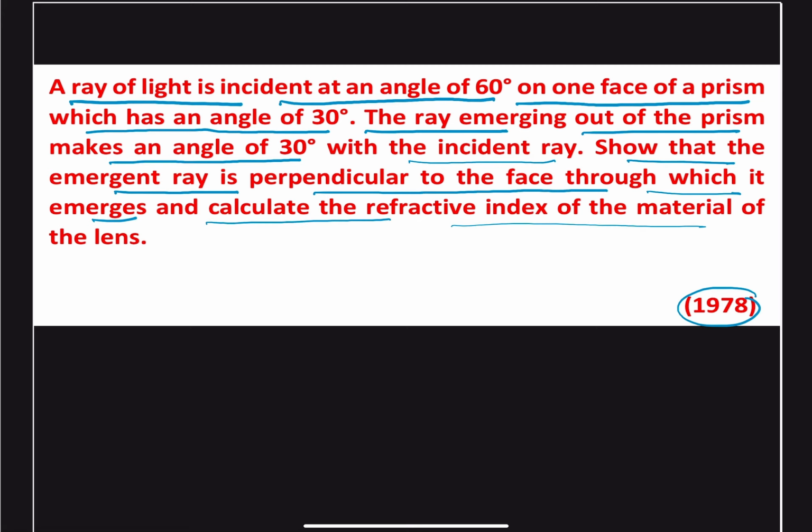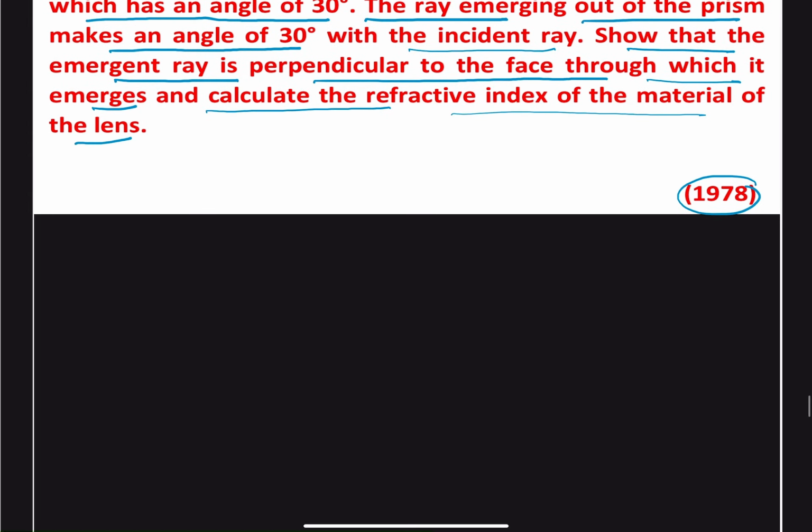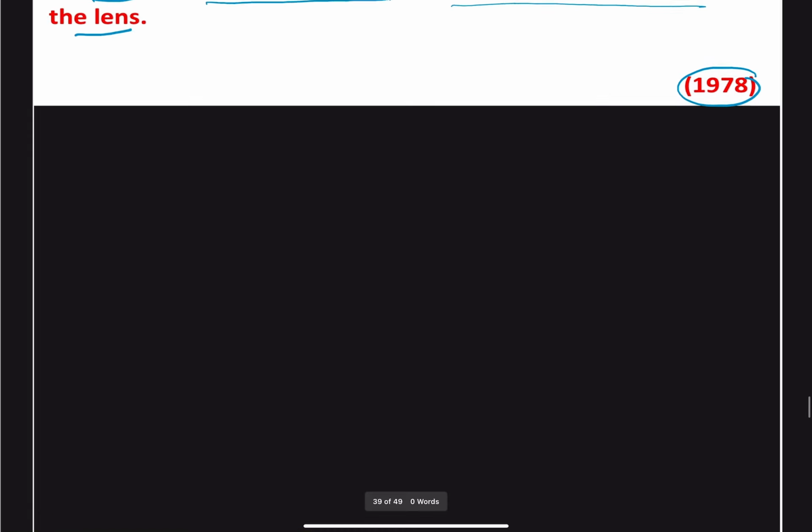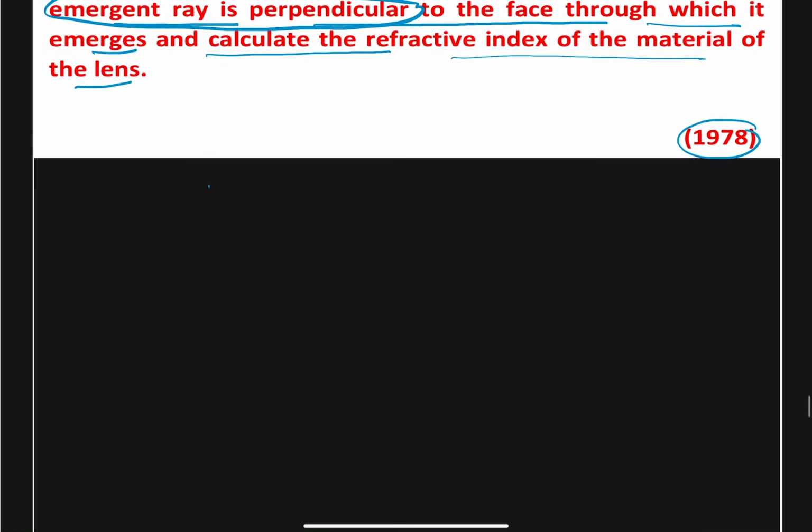material of the prism. So first of all, we are going to draw the basic figure based on this, and then we are going to prove or find out whether the emergent ray is actually perpendicular to the face through which it emerges. And in our basic diagram, let's draw the prism, and this is our angle of the prism, that is usually represented as A, and we have an incident ray.